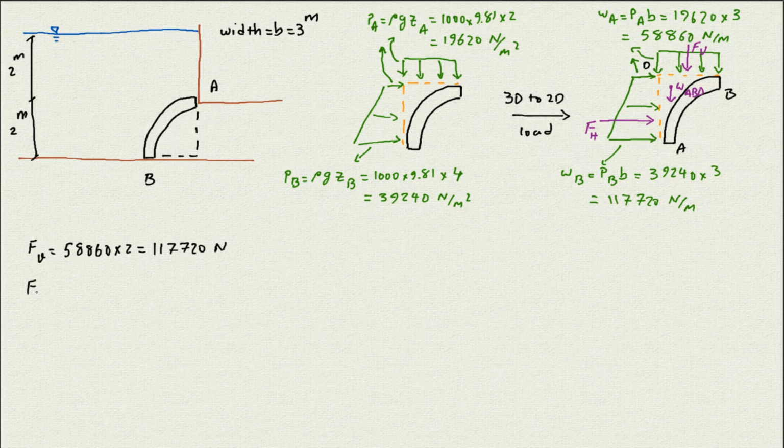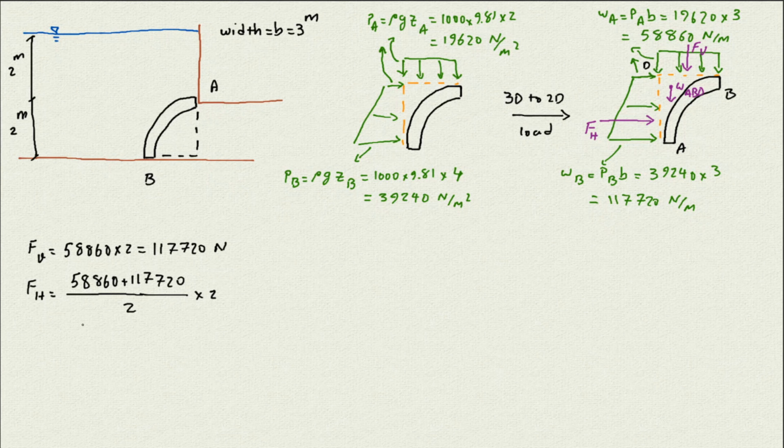The FH is the area of this trapezoid here, so it's going to be 58,860 plus 17,720, divided by 2, and times this height here, which is going to be 2.